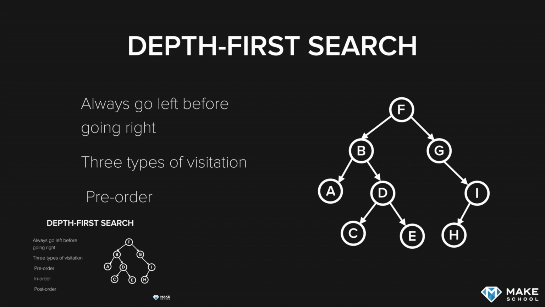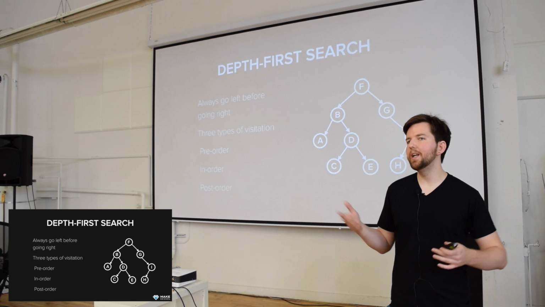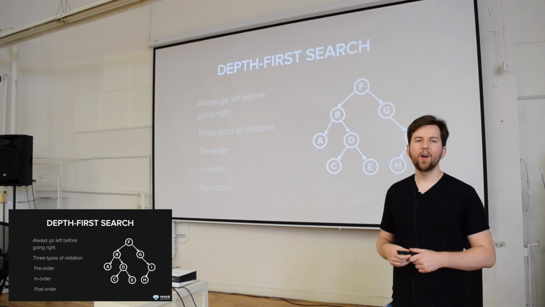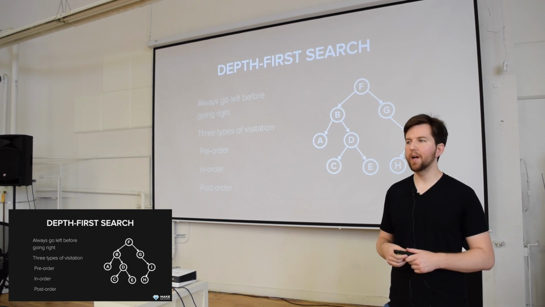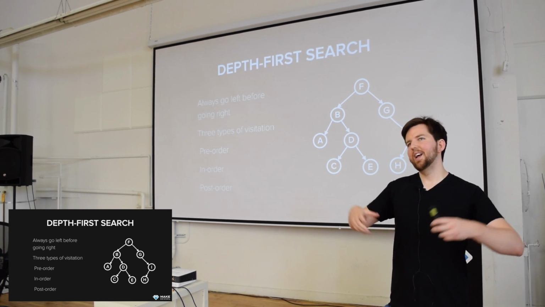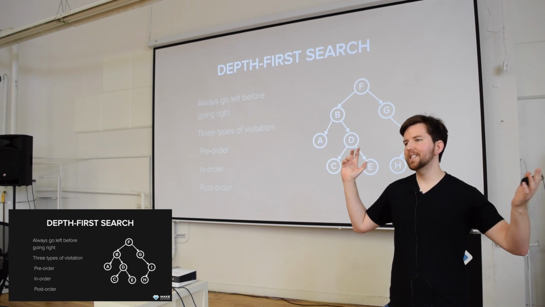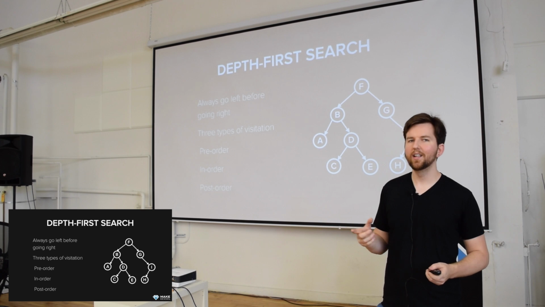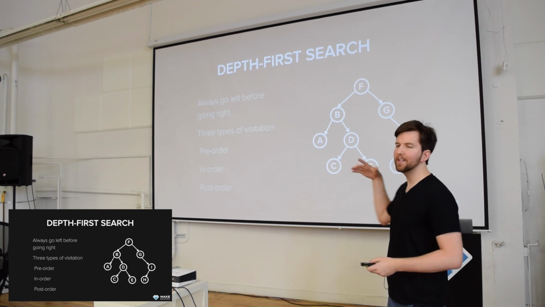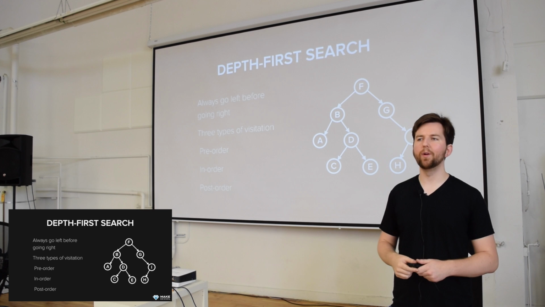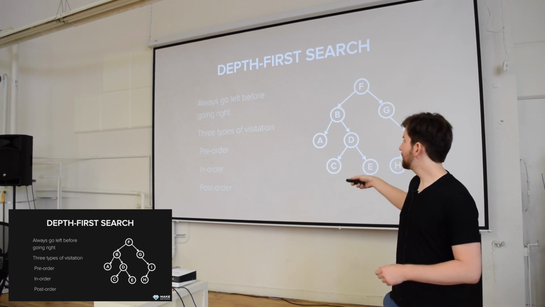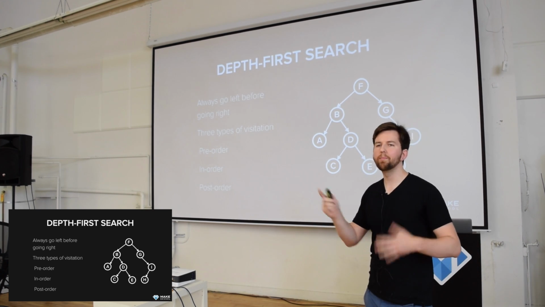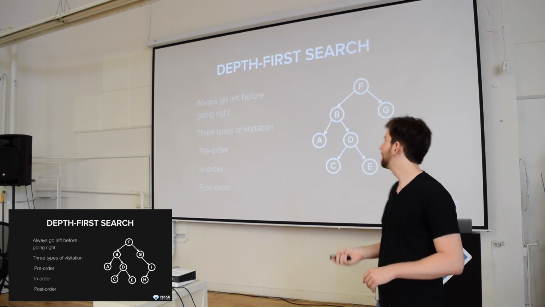But maybe you have all this sorted data and you want to manipulate it somehow. Let's contrive an example: say you just want to increment every number by 1 for some crazy reason. Visiting could just be taking the data stored in the node and incrementing it by 1. In our case, for this discussion, visiting is just going to mean printing out the node to the terminal.